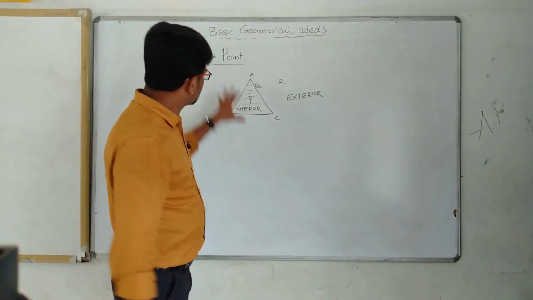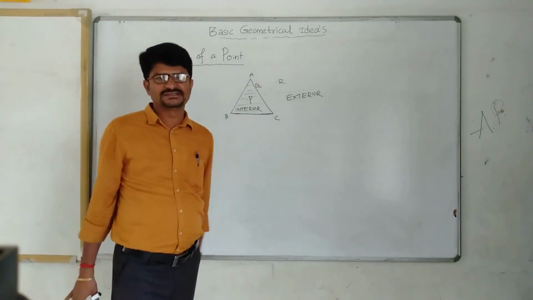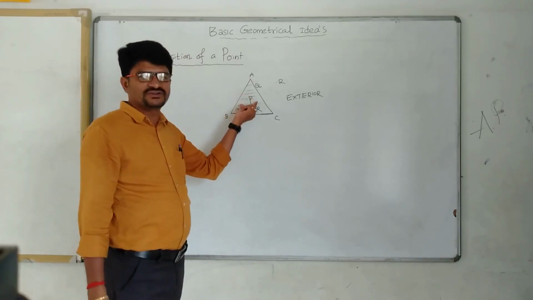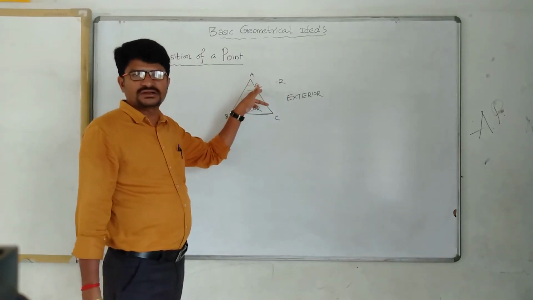Is it clear? Like this, you get three disjoint sets, three different regions: the interior region of the triangle, the exterior region of the triangle, and on the triangle.